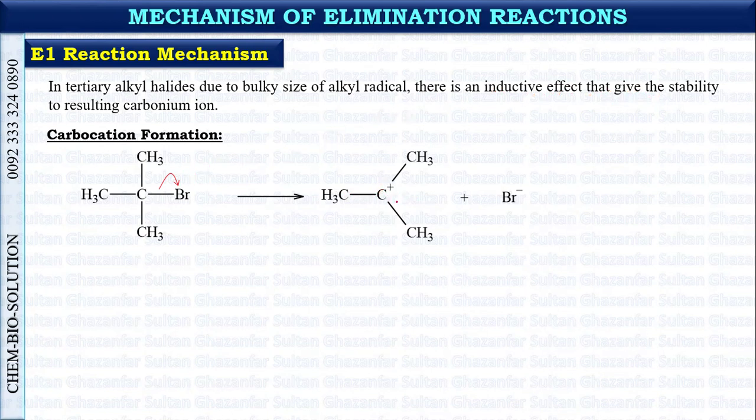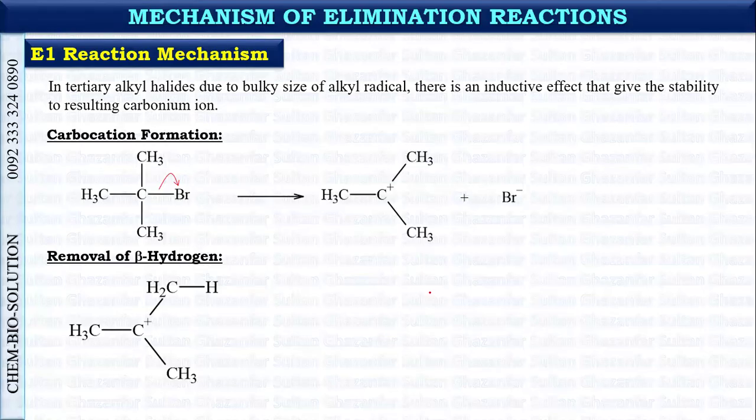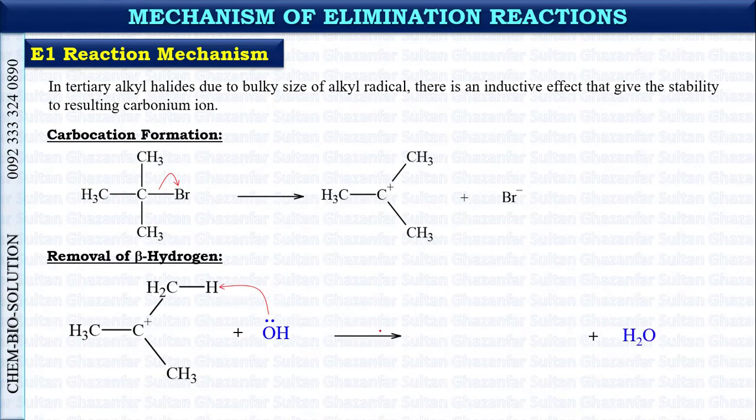And if the carbocation is stable, as in the case of tertiary alkyl halide, this tertiary carbocation is stable. So in the next step, hydrogen is also removed. And for removal of hydrogen, there should be a base. So the base abstracts the proton from there. It forms water. Then the bond shifts to there. And as a result, the respective alkene is formed.